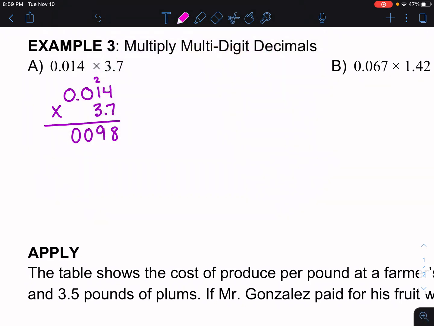Now I'm going to do the 3, but before I can do the 3, I have to move over one place value. So I'm going to put in a 0. 3 times 4 is 12, and I'm going to carry the 1. 3 times 1 is 3, plus 1 is 4. And then 3 times 0 is 0. 3 times 0 is 0.